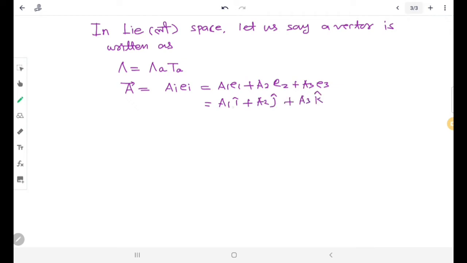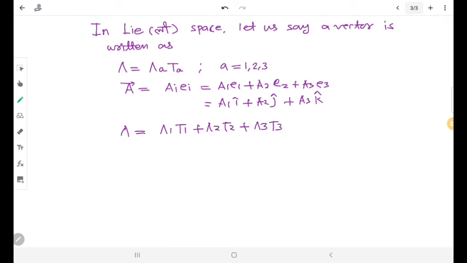Here e1, e2, e3 are the basis vectors i, j, k. Similarly here the index runs from 1, 2, 3, so it can have three values. It just looks like our three-dimensional vector space as we know it. In fact we shall write lambda equal to lambda 1 t1, lambda 2 t2 and lambda 3 t3.